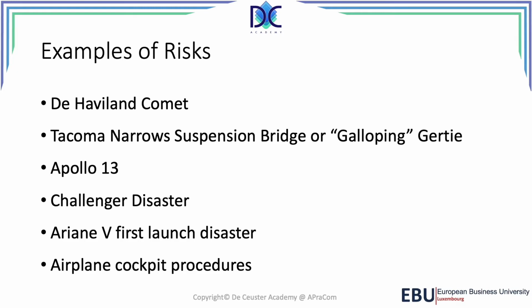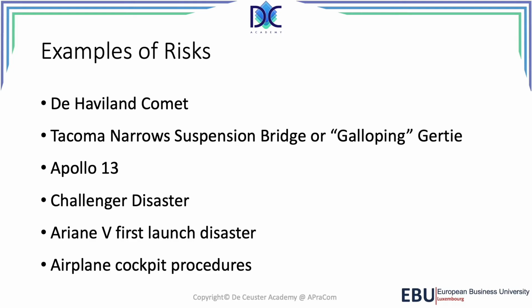But what happened with the Ariane 5 is that the navigation system was copied from the Ariane 4. And a copy-paste error is always very dangerous. The dynamics of the rockets that were programmed into the navigation system are different between Ariane 4 and 5. Because of that, there was a problem during the first launch.